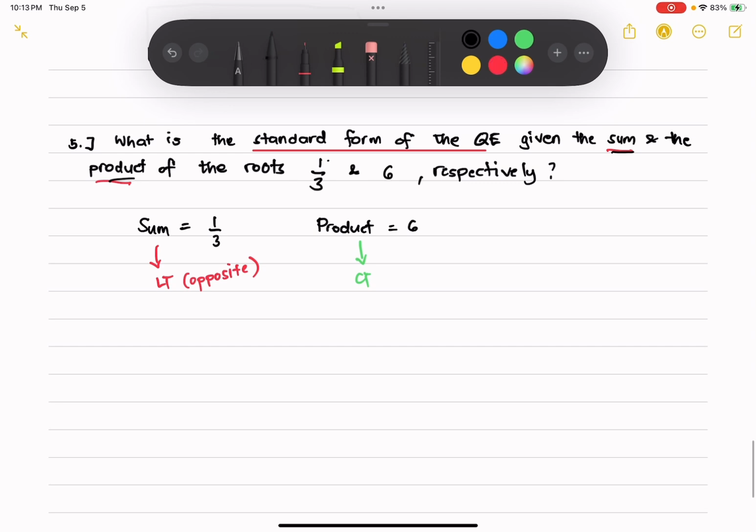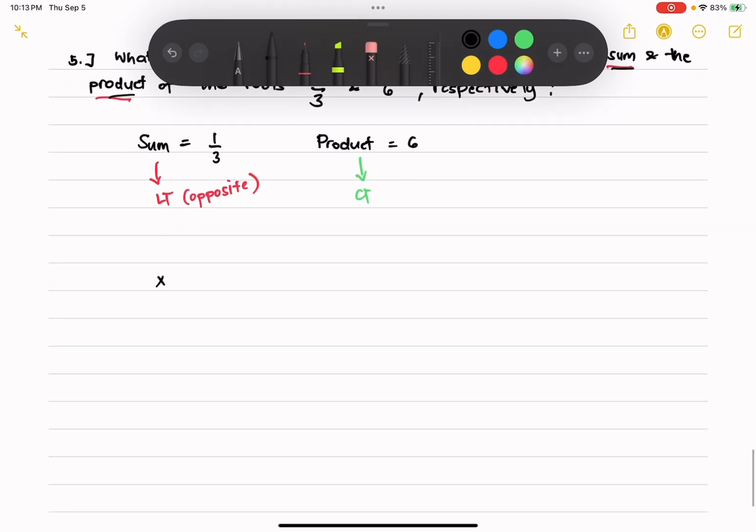Okay, so write this. So, x squared. So, opposite of 1/3, opposite na sign ng 1/3 is negative. So, 1 over 3x. Then, the product is positive 6 equals 0. Now, set natin yan in standard form. So, ibig sabihin, kailangan maging whole number yung 1/3.